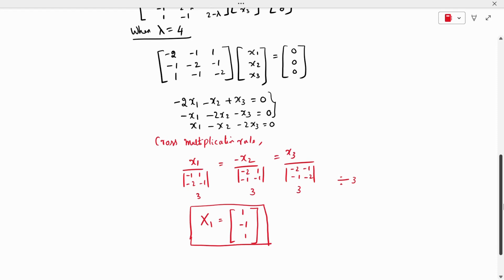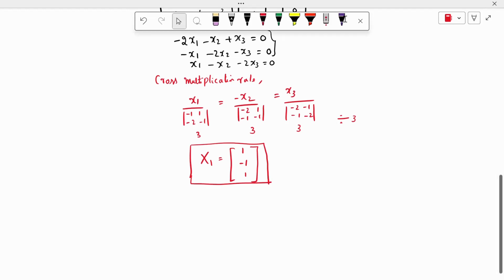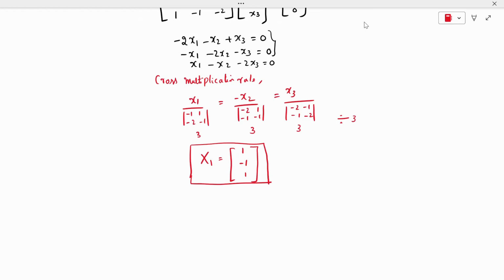Second vector: in the same way, take lambda equal to 1.